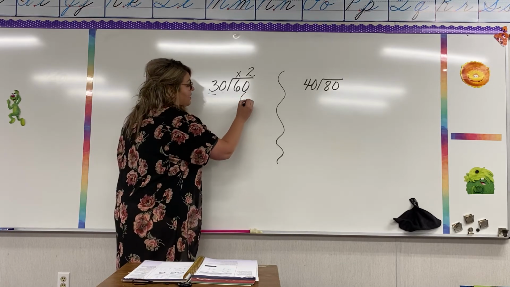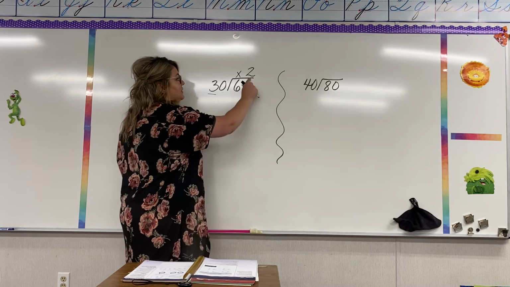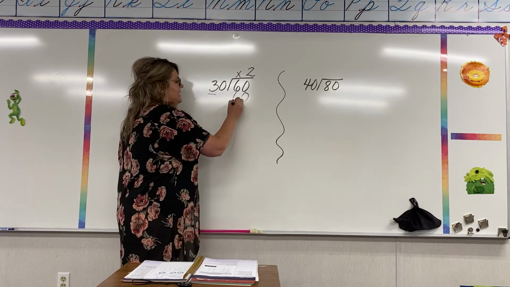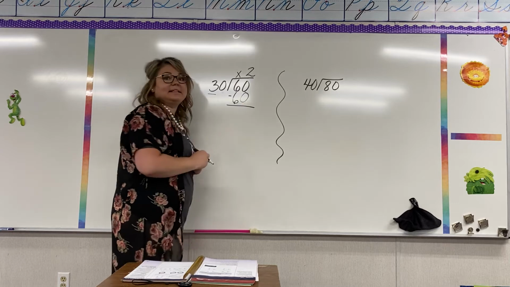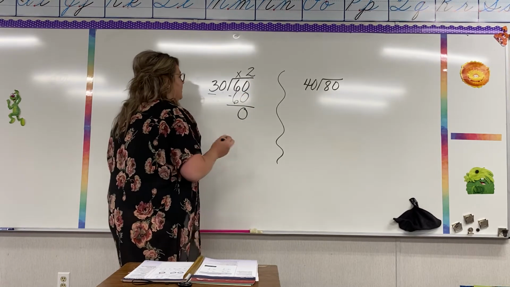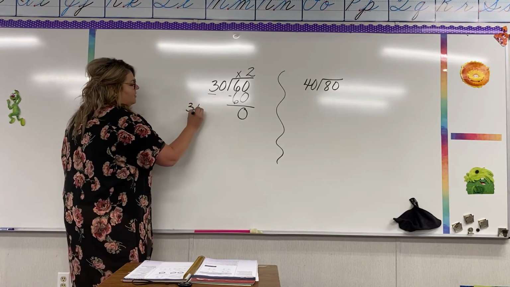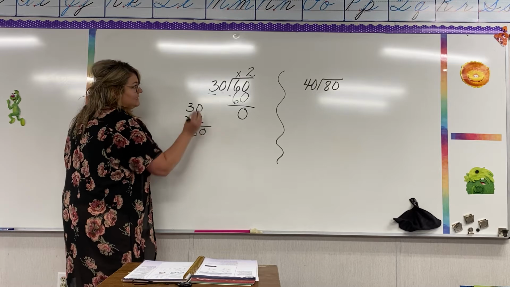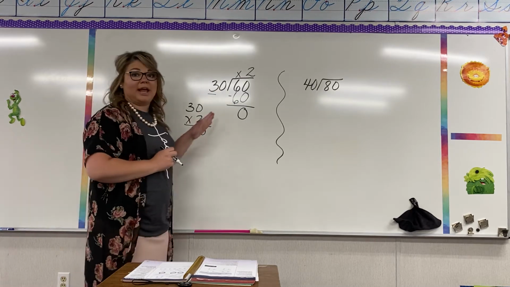So we're going to put that down here in the ones place. And then we're going to say 2 times 3, which is 6. Now let's subtract. 60 minus 60 is 0. So our answer is 2, and let's even check it. So we have 30 times 2, and that equals 60. So we are correct right there.